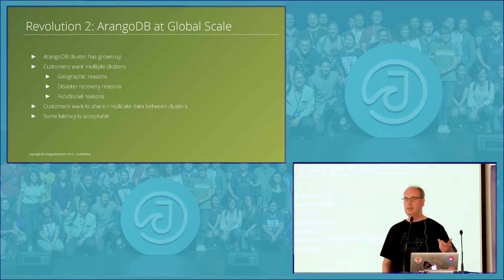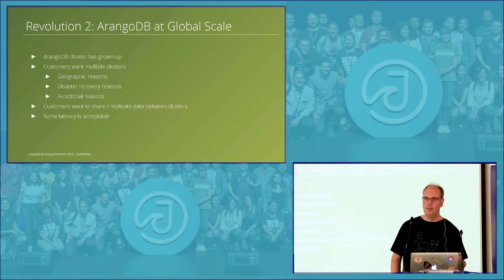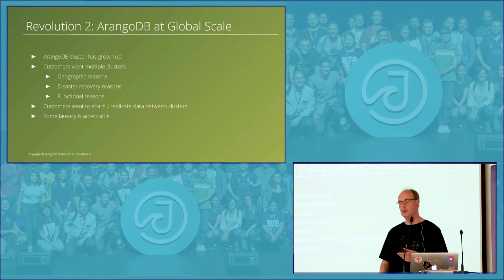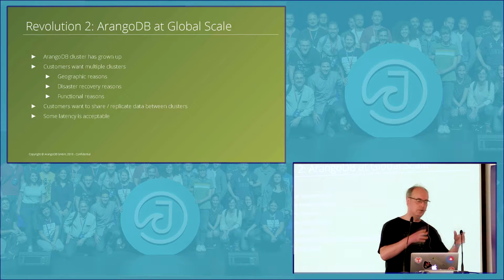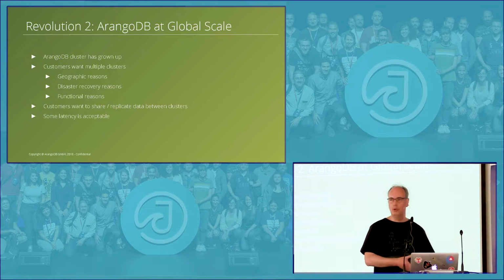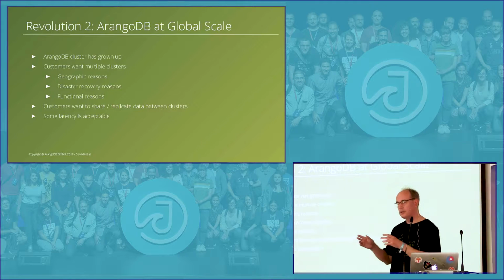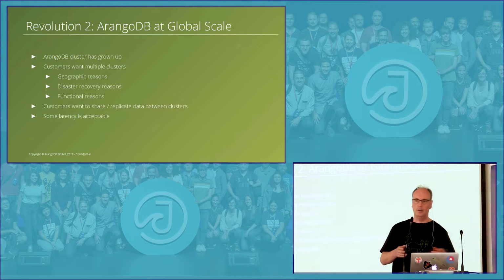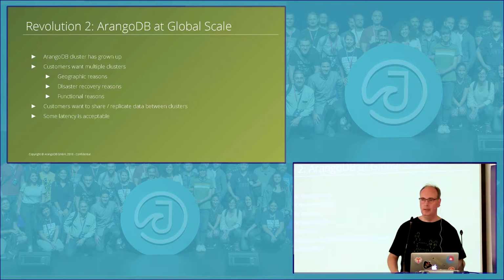Now this cluster has grown up, and suddenly customers start coming to us and saying, well, this is very nice, but I have my cluster here in, let's say, New York, and I have another cluster in India, and I have a second cluster in New Zealand, and yeah, now what? I want to have access to the same data in all 3 different places.